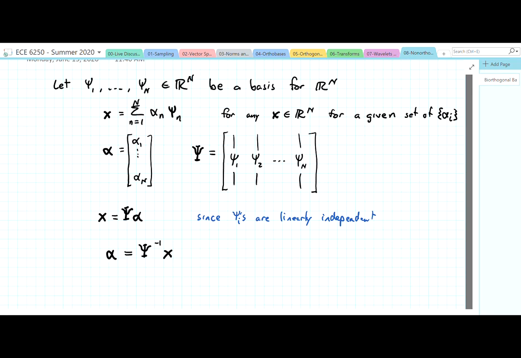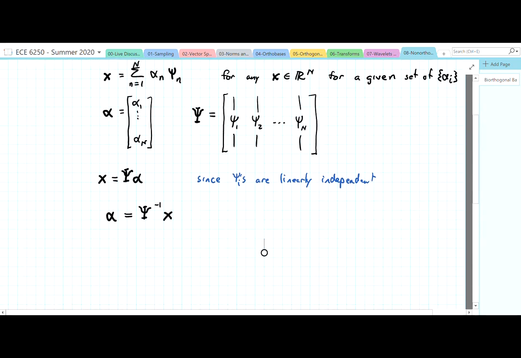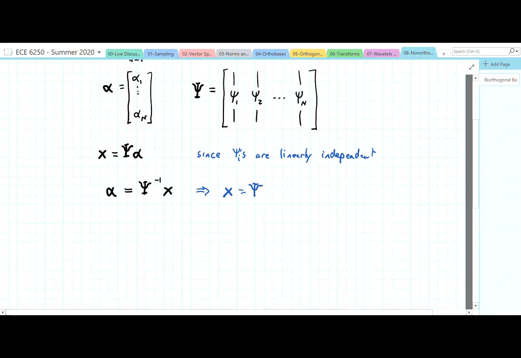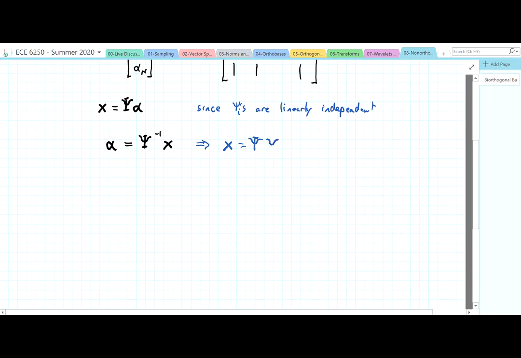Well, this essentially means that we have this nice little reproducing formula that x is equal to psi times psi inverse times x. Well, that's not a really big surprise.